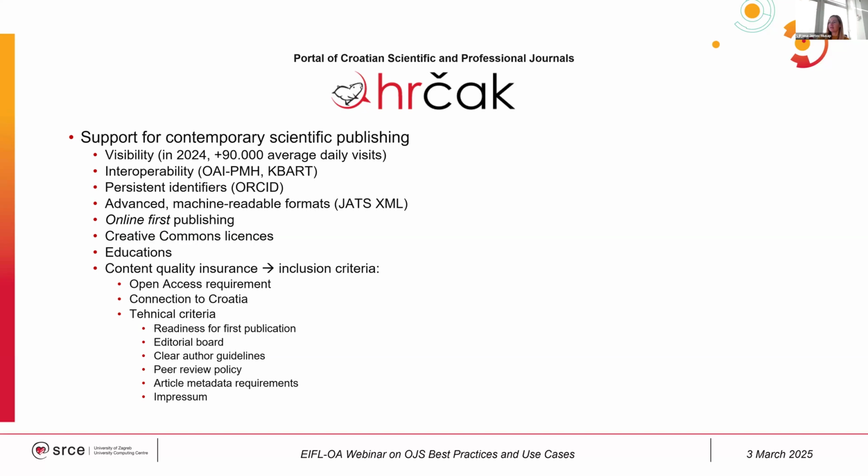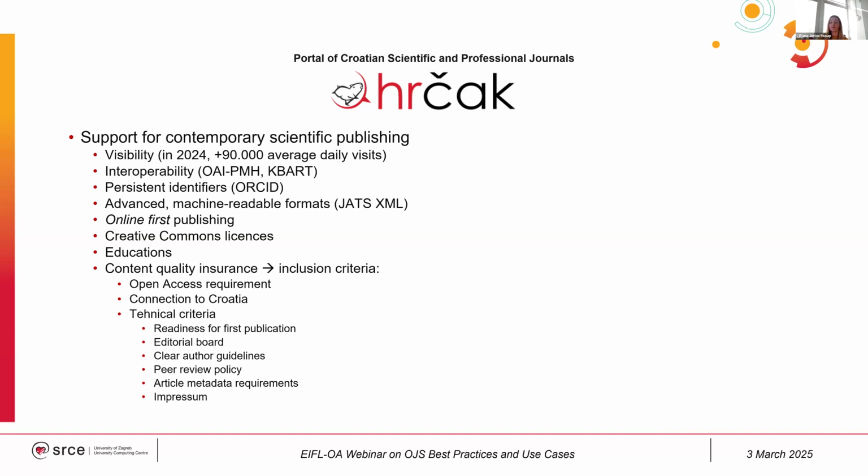Hrčak is carefully designed to be interoperable. It has an OAI-PMH interface as well as a KBART interface, where it exposes metadata about journals and articles. And all that facilitates integration with not only European, but global indexing services.